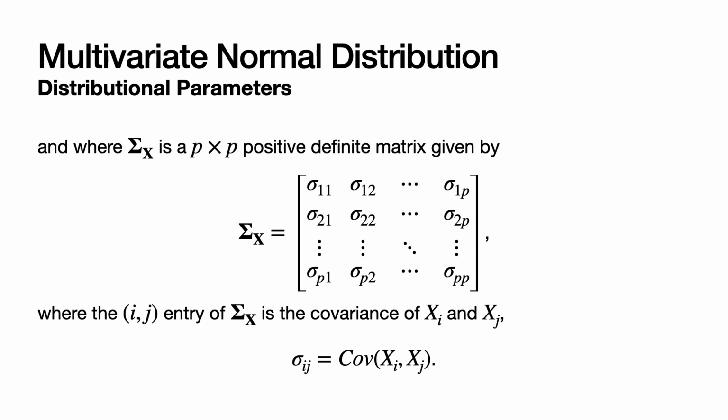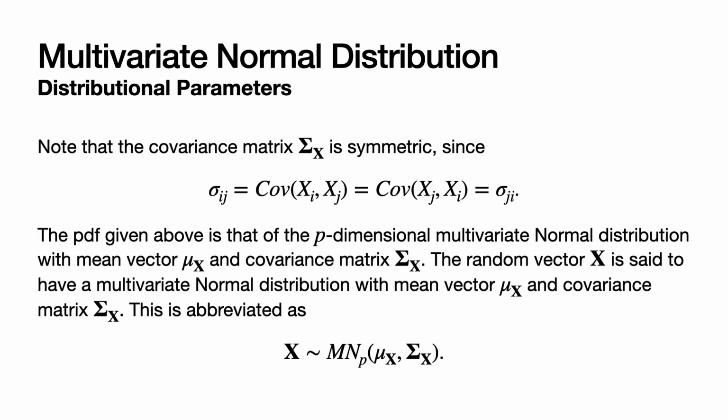This is the covariance of xp with itself, which is the variance of x sub p. And so the p by p matrix, capital sigma sub x, contains the variances of the random variables x1 through xp down the diagonal, and the off-diagonal elements contain the covariances between the various random variables.